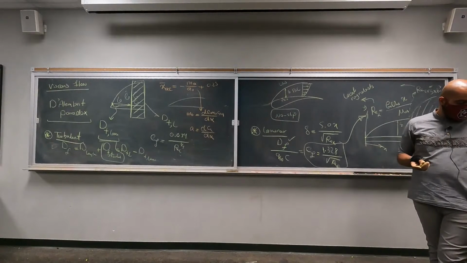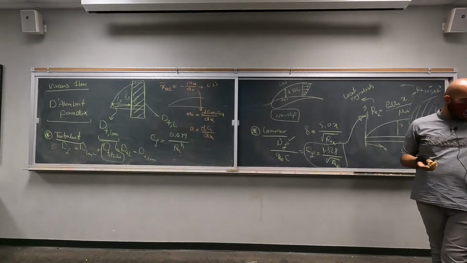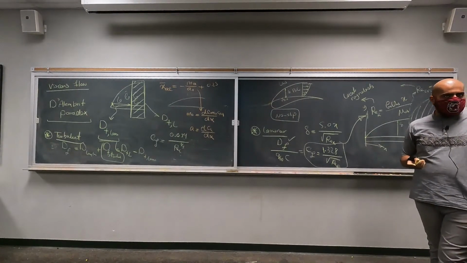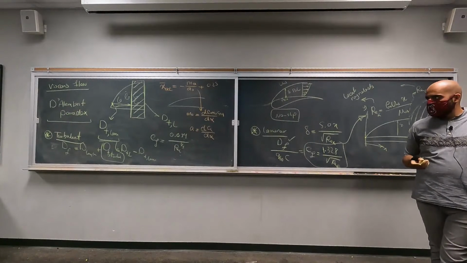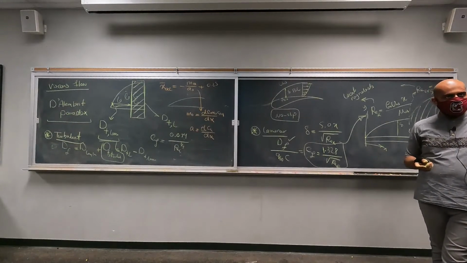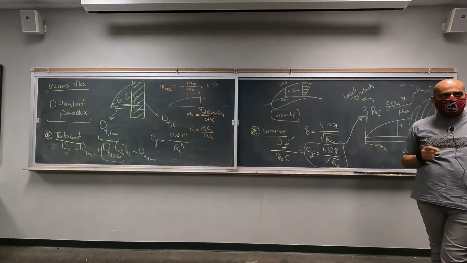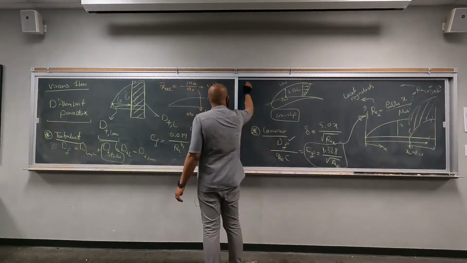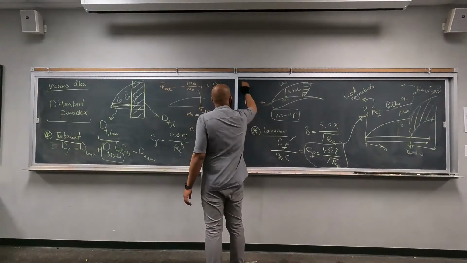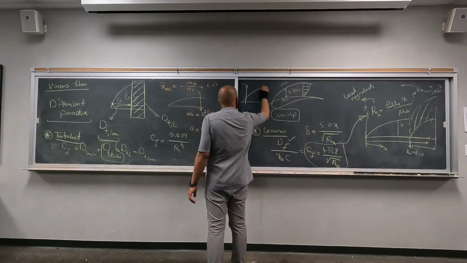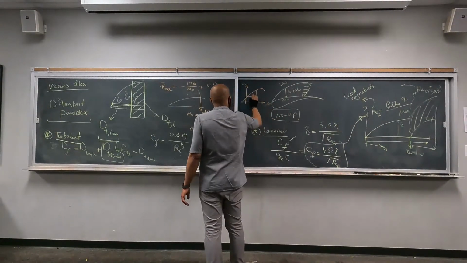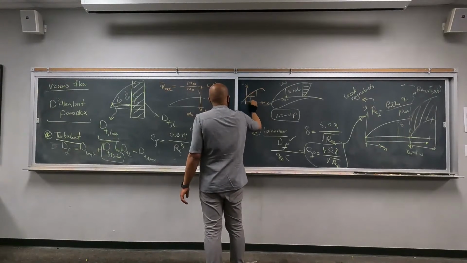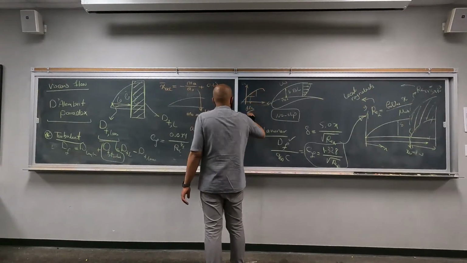Let's solve a viscous drag example. That's the lift slope, dCl over d alpha, not dx, d alpha. Cl alpha is dCl d alpha.